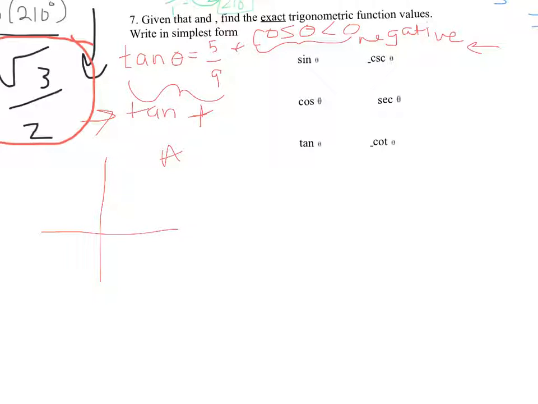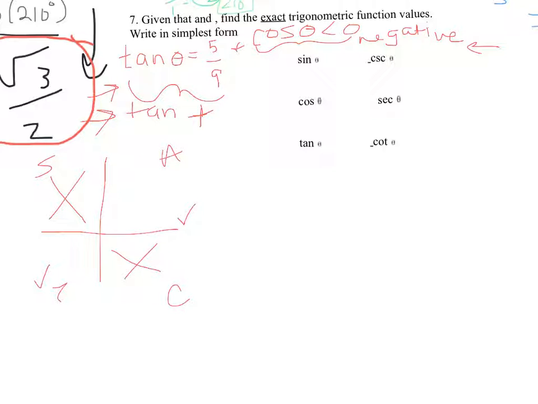So if it's All Students Take Calculus, we first think about tan has to be positive. Okay, so if tan's positive, quadrant 1's in the running. If tan is positive, quadrant 2 is out, because only sine and cosecant are positive. If tan has to be positive, quadrant 3 is still in. And if tan has to be positive, quadrant 4 is out, because only cosine and secant are positive there.